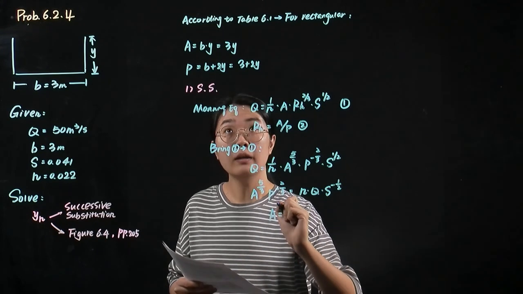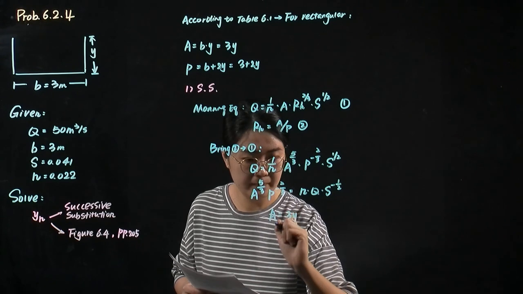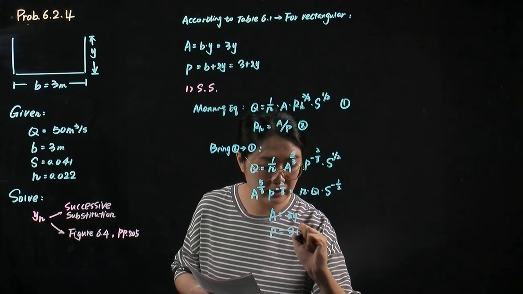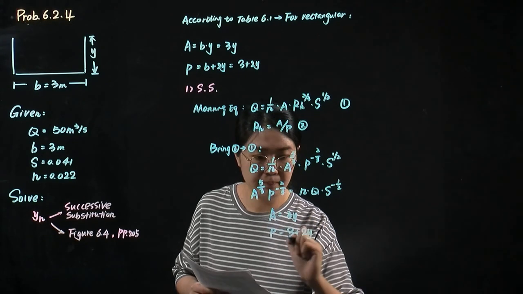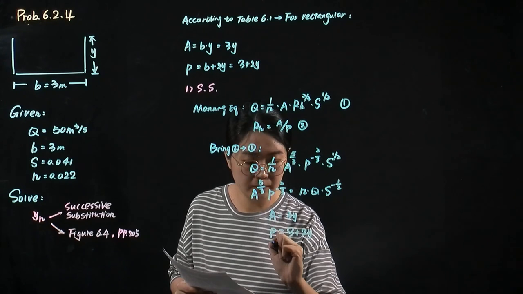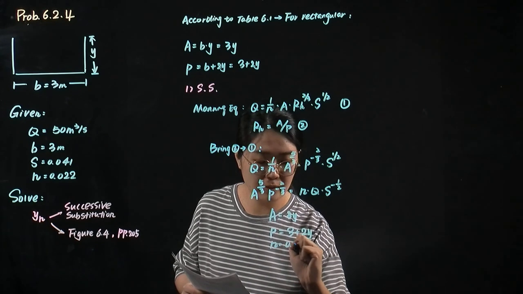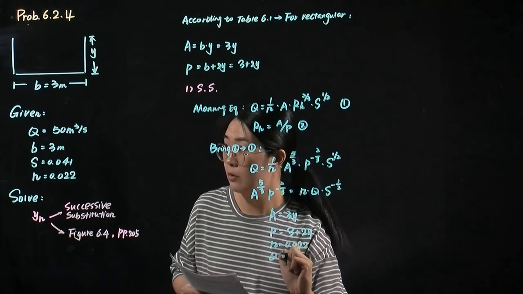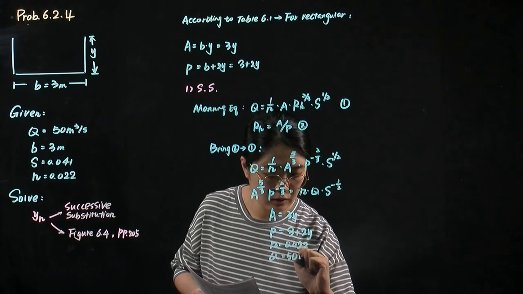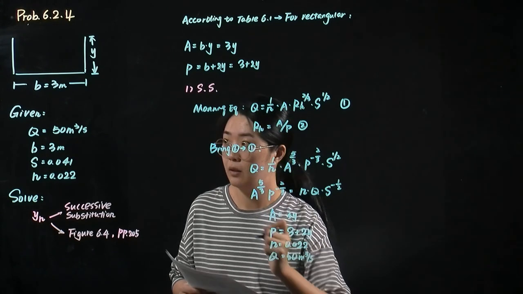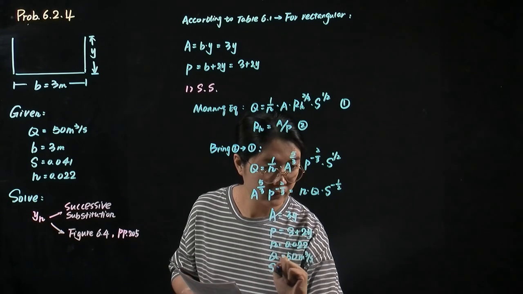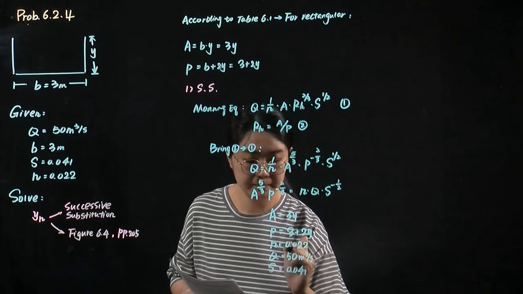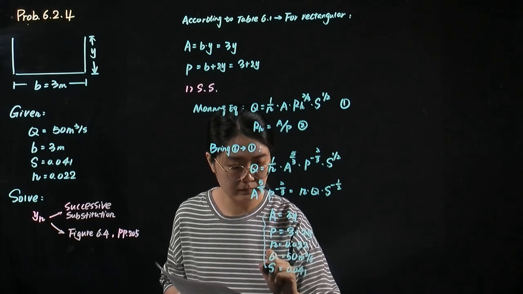The area equals 3y. The wetted perimeter equals 3 plus 2y. And n equals 0.022. Q equals 50 cubic meters per second. And the slope equals 0.041.